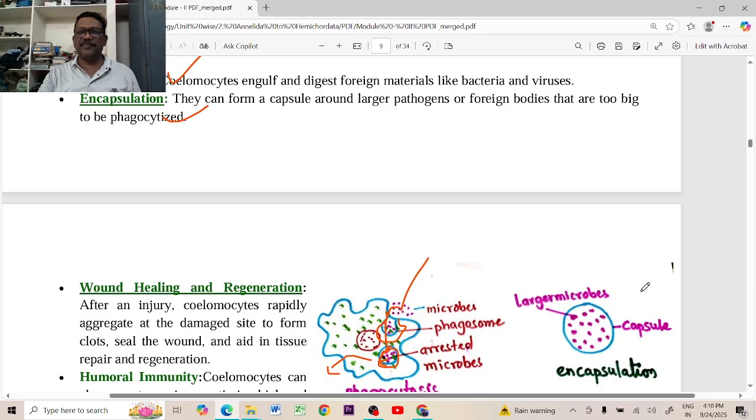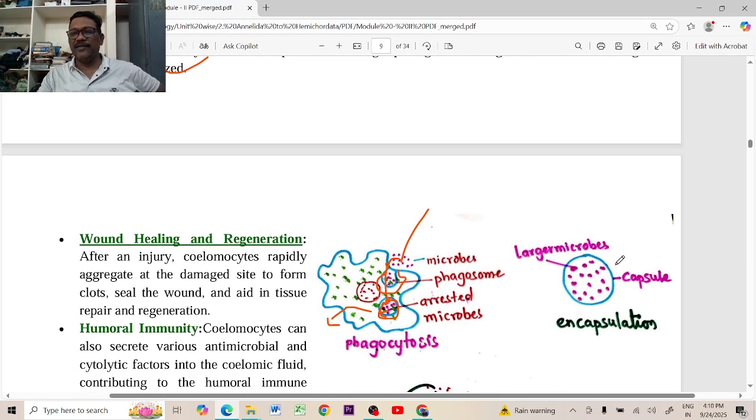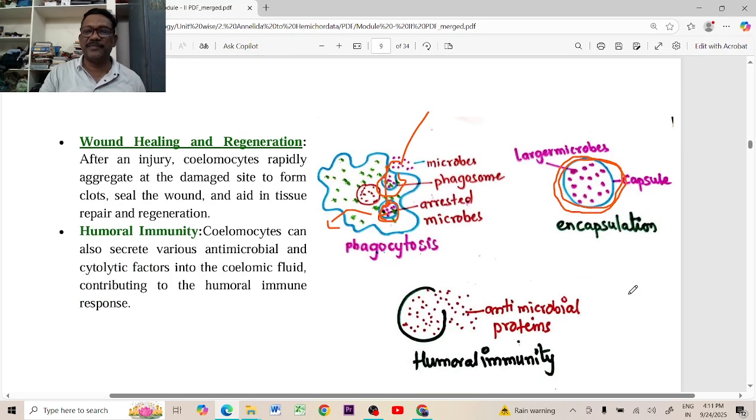What is this encapsulation in the immunity of the annelids? If the microorganism is bigger in shape, that is not engulfed by the coelomocytes, then what happens? They can form a particular layer around its body. Then the epitopes are not exposed. The organism cannot attack the earthworm body or annelid body. That is nothing but encapsulation.